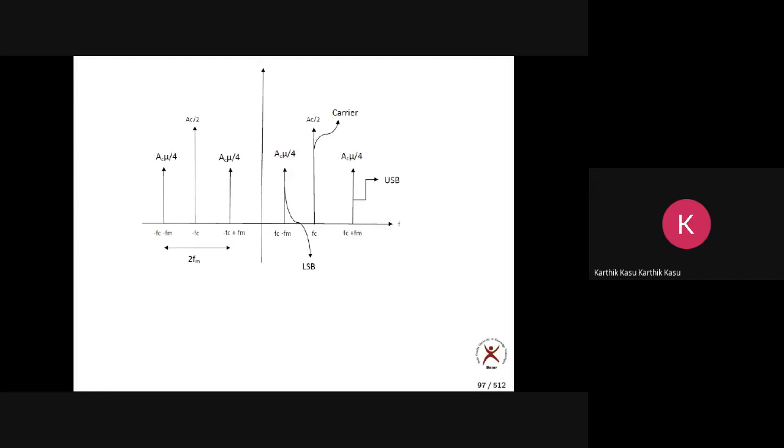Obviously, Ac by 2 is more than Ac mu by 4.